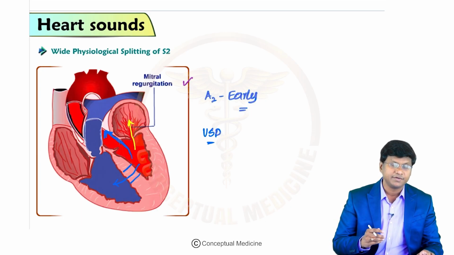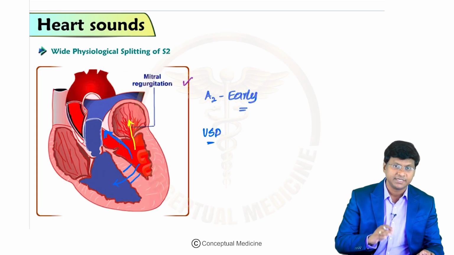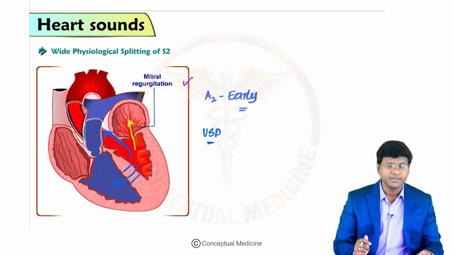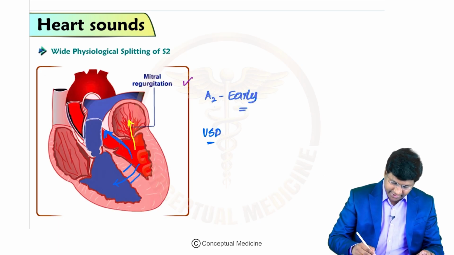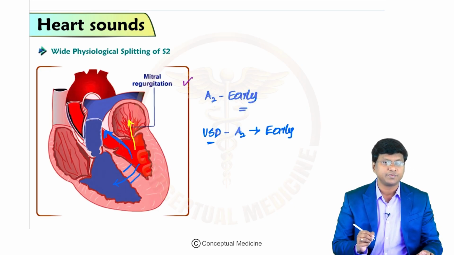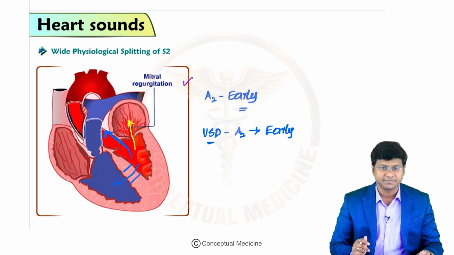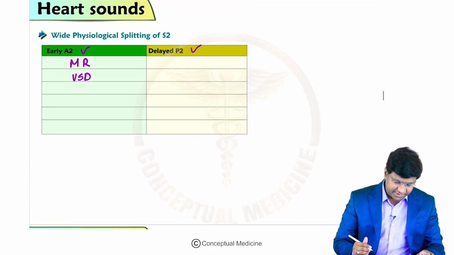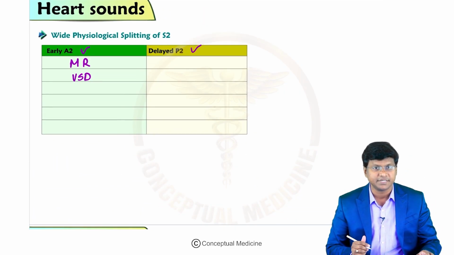Because the quantity of blood which enters from the left ventricle into the aorta is less than normal. So thereby what will happen to your A2? The A2 will be early. That is what will happen in patients with ventricular septal defect. So what are the causes for the early A2? Mitral regurgitation and the ventricular septal defect.